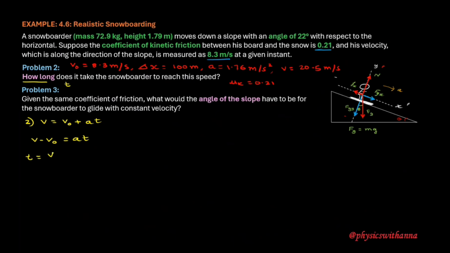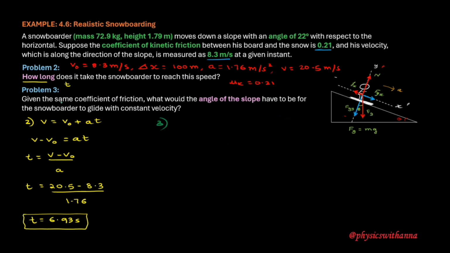T will be equal to v minus v initial over a. Now substitute. V final is 20.5. V initial is 8.3 and acceleration is 1.76. When you solve this, you get the time to be equal to 6.93 seconds.